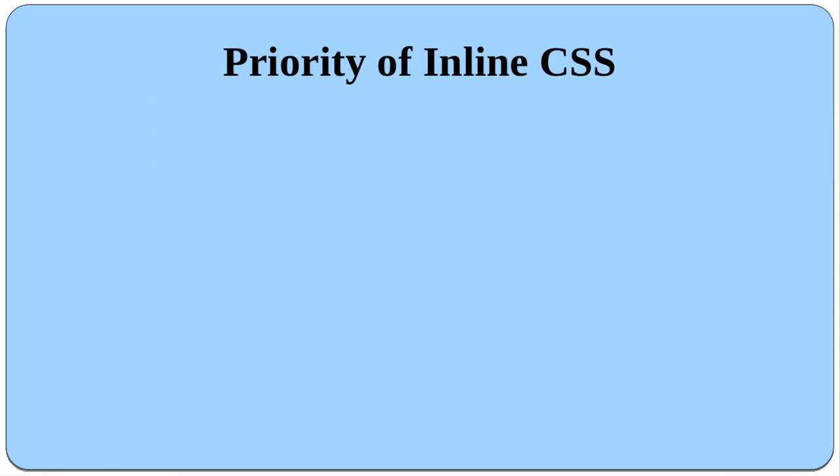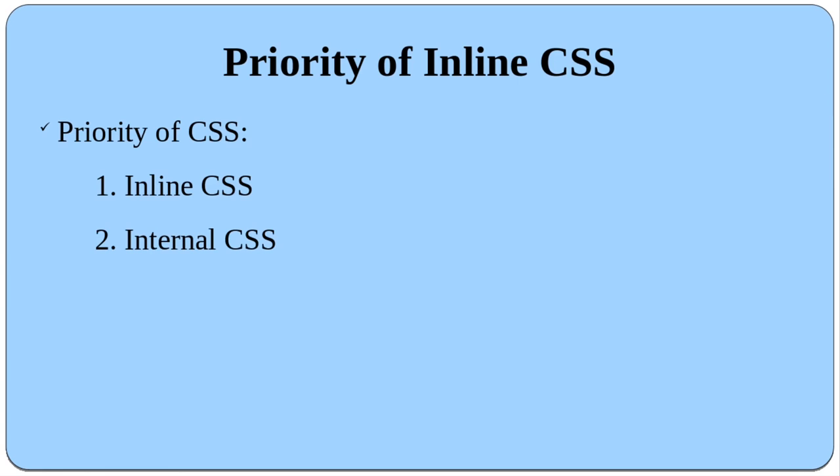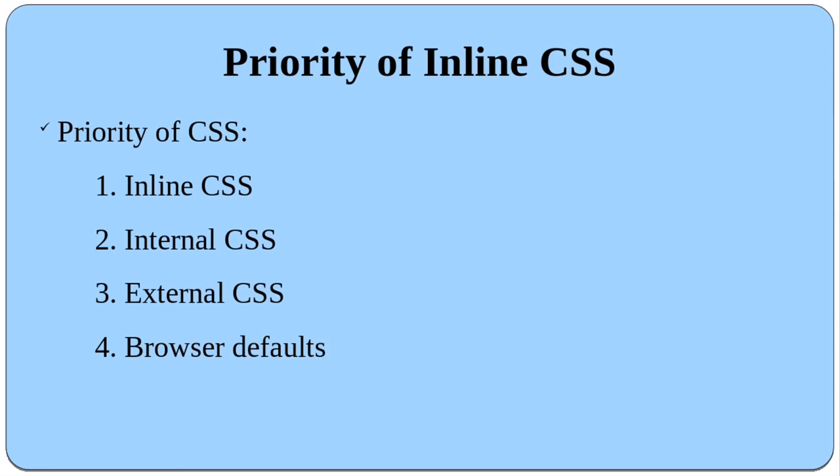Priority of inline CSS. When there are various types of CSS implemented on a single HTML file, the priority of styles to be applied are: first priority given to inline CSS, next internal CSS, and third one external CSS, and at last browser defaults.